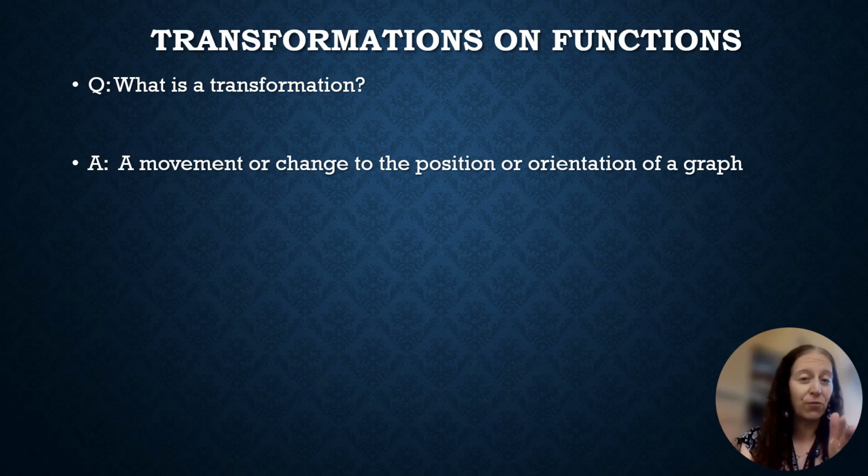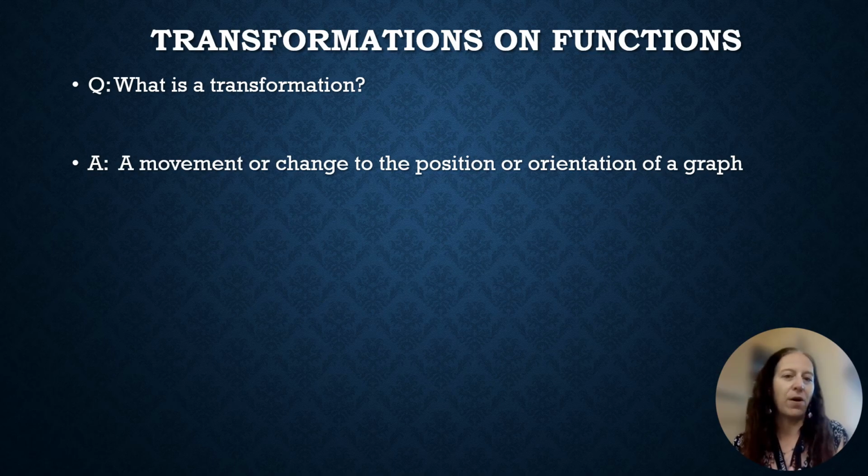You're going to move it left or right, up and down, maybe flip it over. The other type of transformation is we might stretch it or compress it, but we keep the fidelity of the original shape. When we're studying transformations, what we're looking for is a pattern between what we do to the equation and how that shows up on the graph.